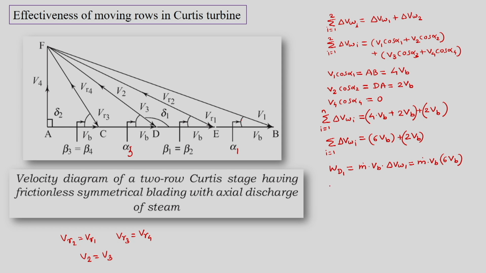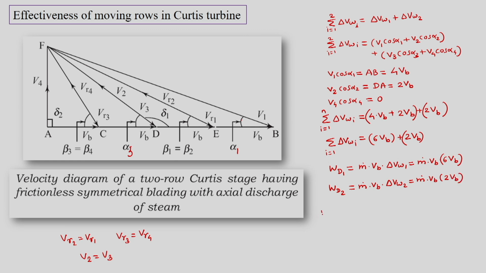For the second moving blade, or practically the second stage of the Curtis turbine, we will have m dot into VB into delta VW2, which is equal to m dot into VB into twice VB.